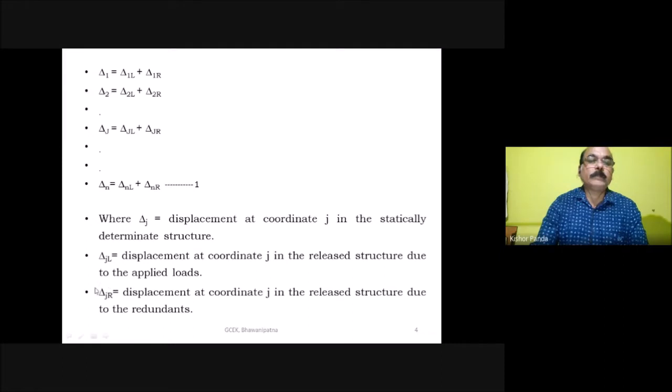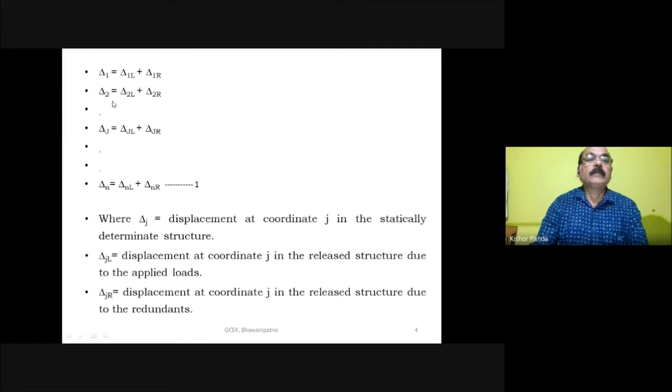Delta j is equal to delta jl plus delta jr.